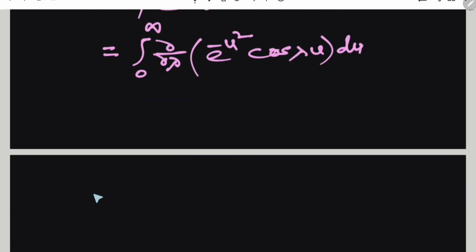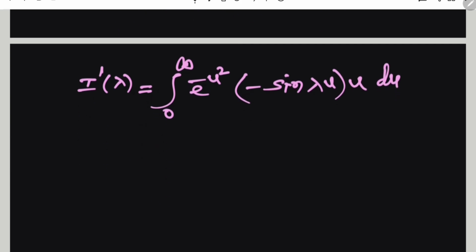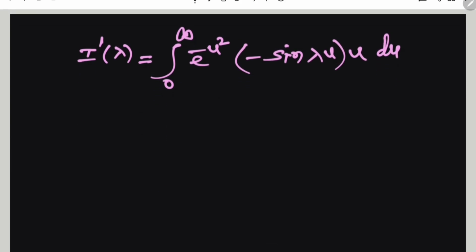With respect to lambda, e raised to minus u square is a constant term, taking it outside the differentiation operator, and the derivative of cos lambda u is minus sin lambda u, and by chain rule the derivative of lambda u with respect to lambda is u, and then its integration with respect to u.